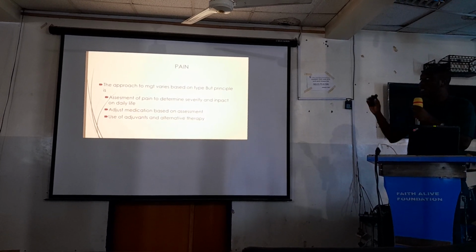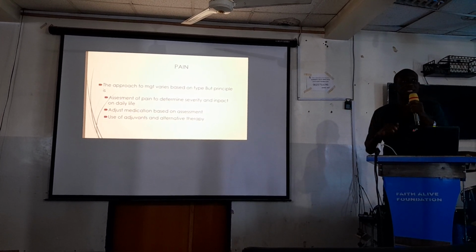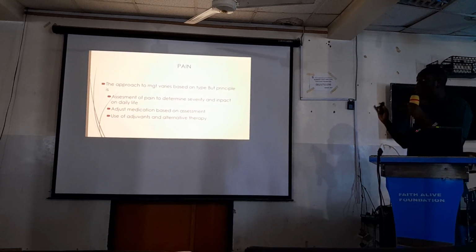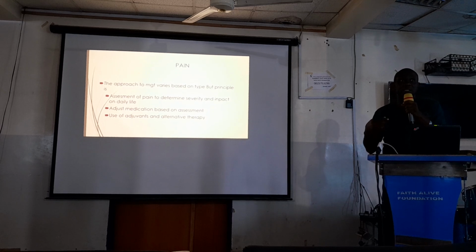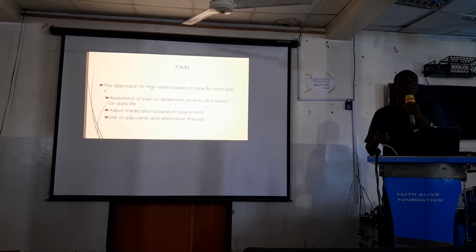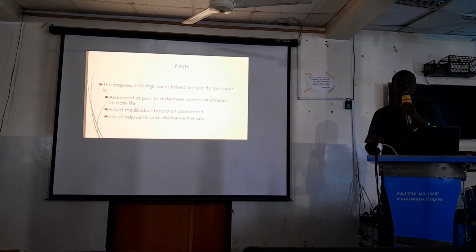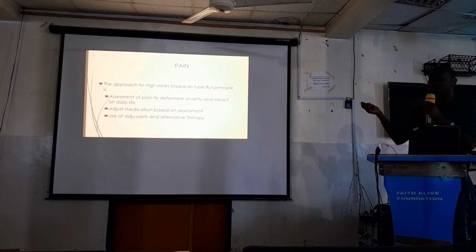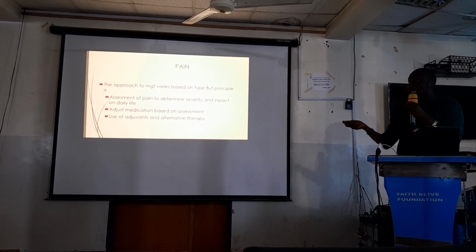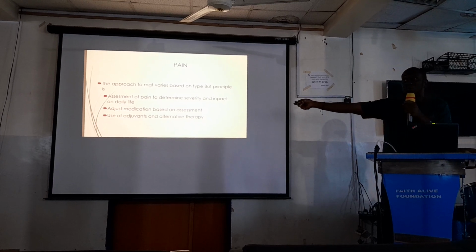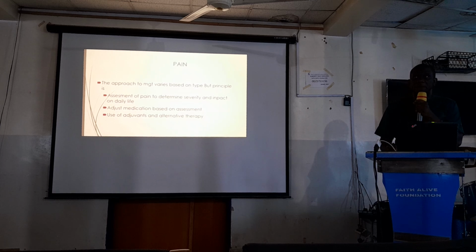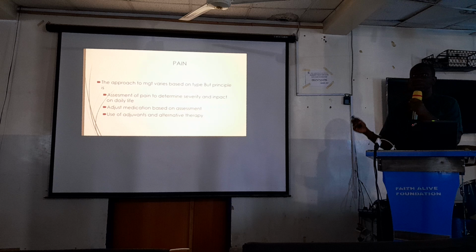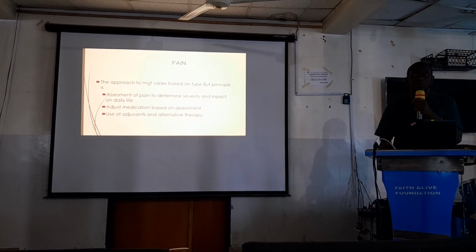Now the principle of management of pain in them is simple. You assess the pain. There's a pain ladder. You try to determine how much pain they're going through, and how much that is impacting their daily life. Based on that assessment, you adjust your medication accordingly. Now the mistake we make is waiting to secure a line while the patient is screaming their head out.